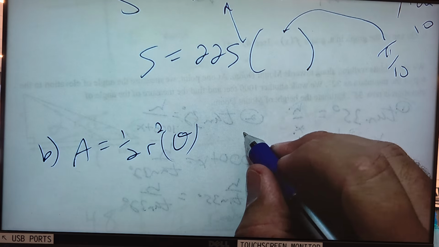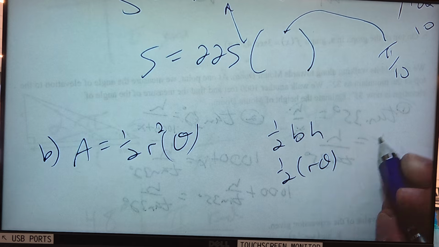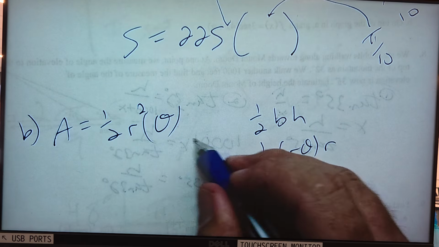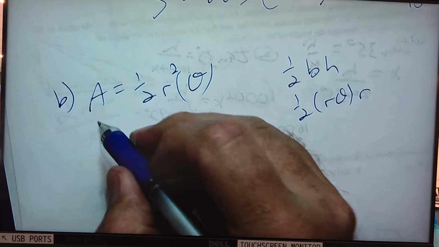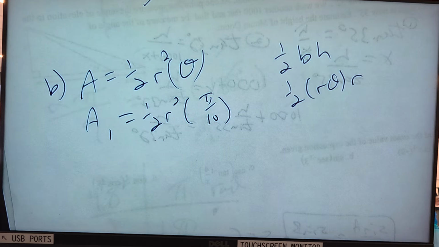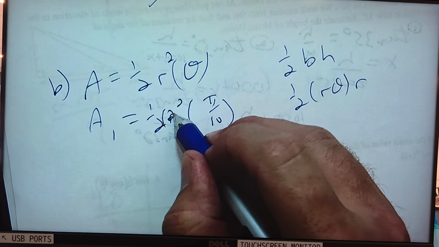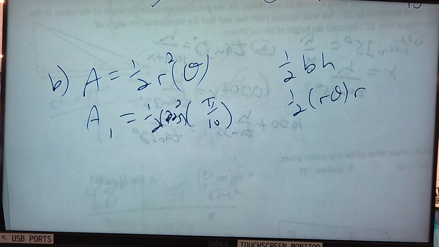Just to remind you guys, area of a triangle is 1/2 base times height. The base of this kind of a triangle is r theta, and the height is r, so that's where 1/2 r squared theta comes from. So if I find the area of one segment, r was 225 or something crazy, I can then just double that because I want 2 segments for part B. Or I could plug into this equation, not just pi over 10, but 2 pi over 10.